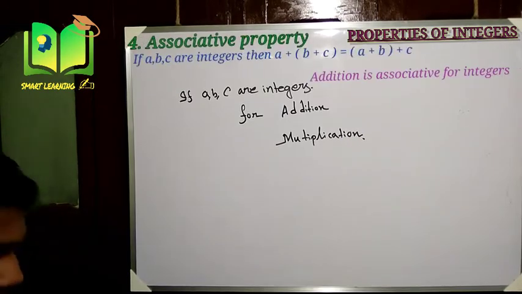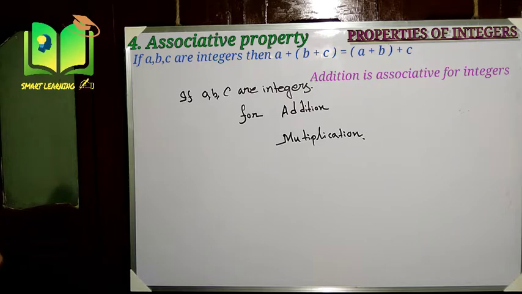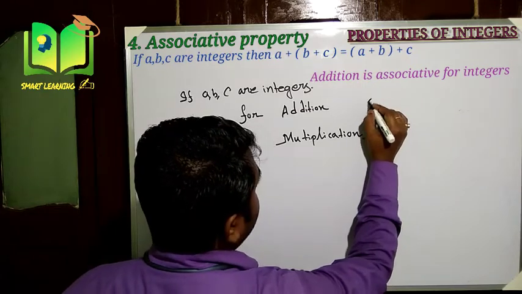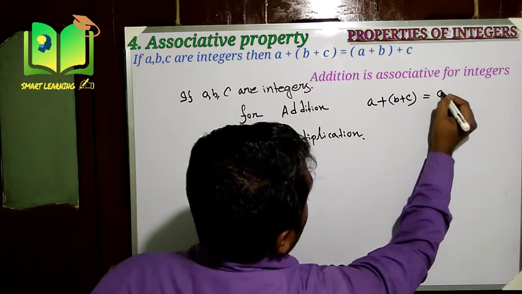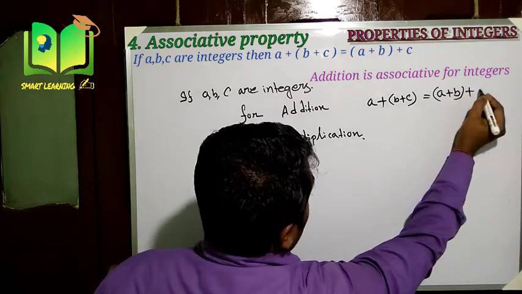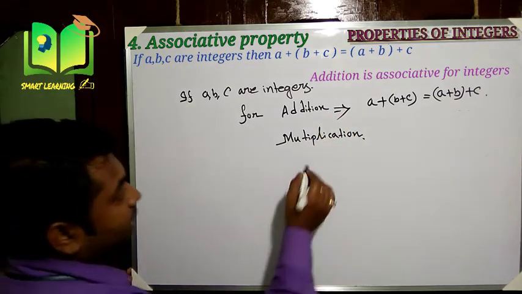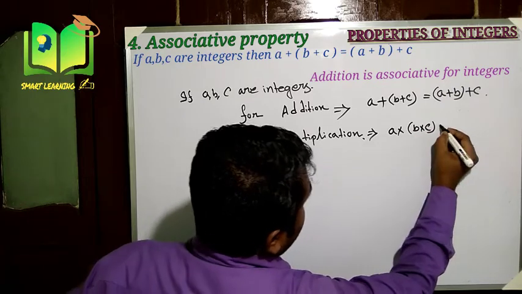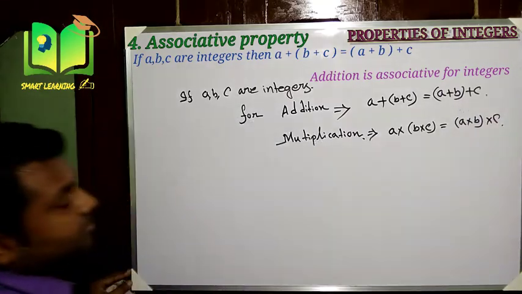Now here we will discuss the associative property. Associative property means, if A, B, C, these 3 variables, 3 numbers are integers, then in the case of addition it will happen like this: A plus (B plus C) equals (A plus B) plus C. That is the addition property, and the multiplication property is A into (B into C) equals (A into B) into C. I am explaining here.